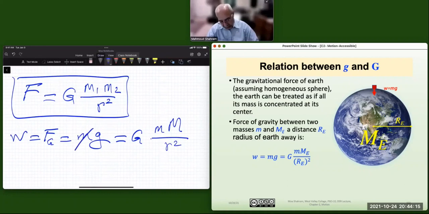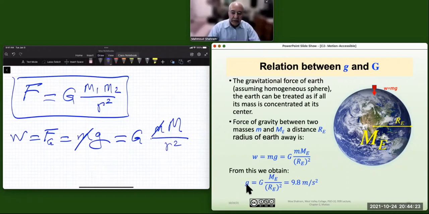Now this little m and this little m go away. And you're left with g, which is acceleration due to gravity, equal to capital G times the mass of the Earth, divided by the radius of the Earth squared. And that's where the 9.8 meters per second squared comes from. Universal laws of gravity.